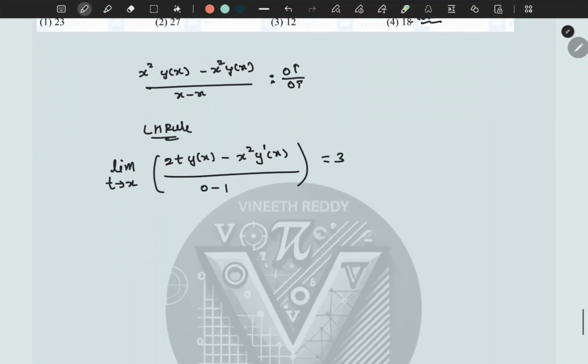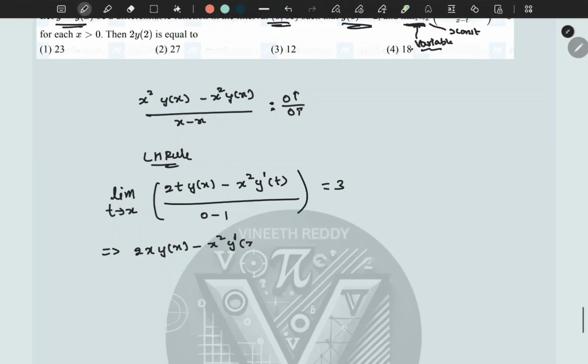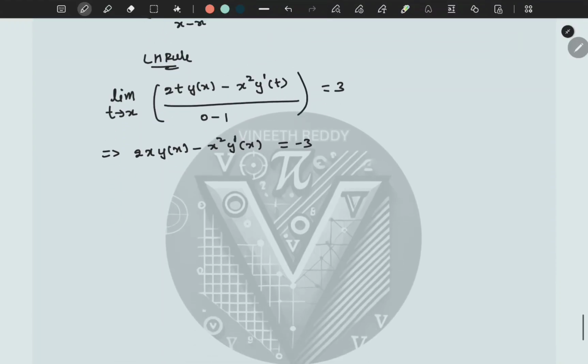Now I think we can replace t with x. So we get 2x y(x) minus x² into y'(x), divided by minus 1. So we can send the minus to the right hand side, so we get minus 3 here.